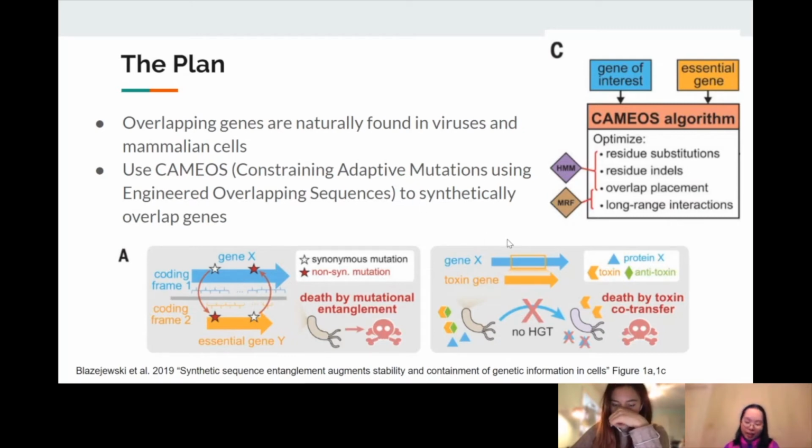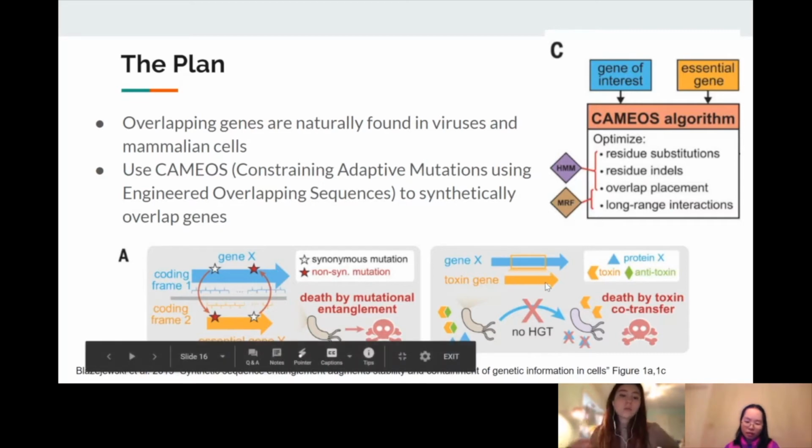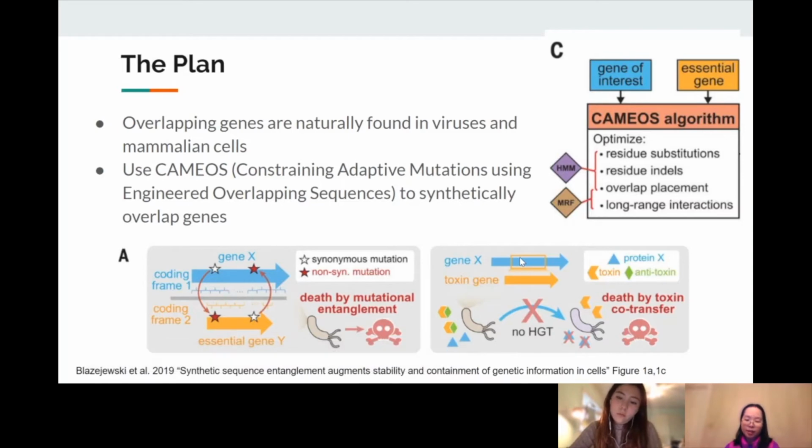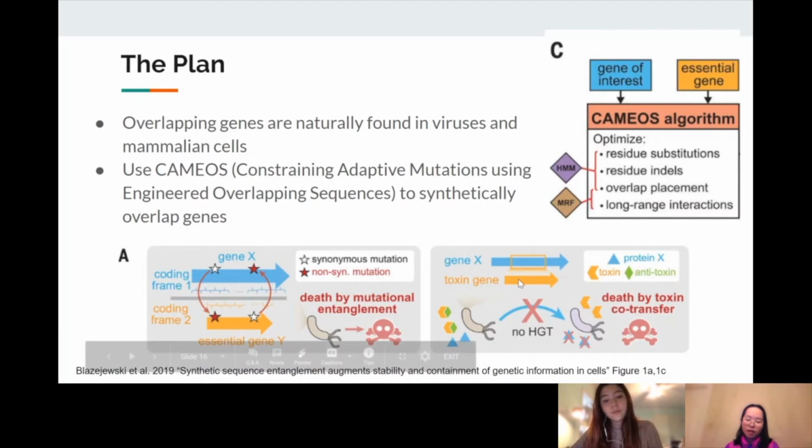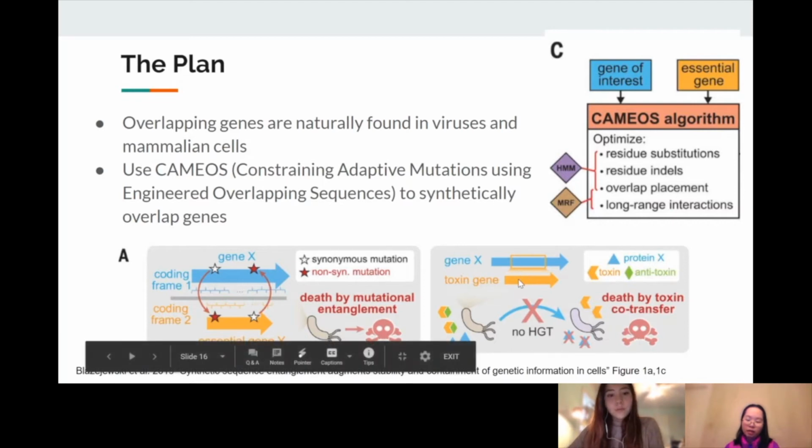Now let's look at a second application of this mechanism. So you also have your gene X, your target gene, but now we're encoding it with a toxin gene. So the same thing happens in that if you overlay these 2 genes, and there's a synonymous mutation in gene X, that's going to cause a non-synonymous mutation in the toxin gene.